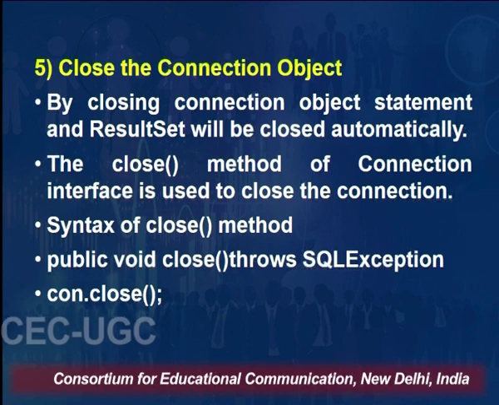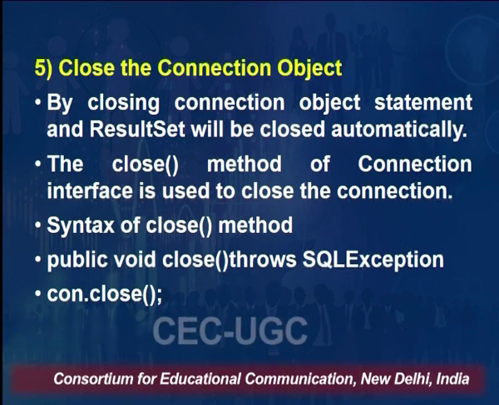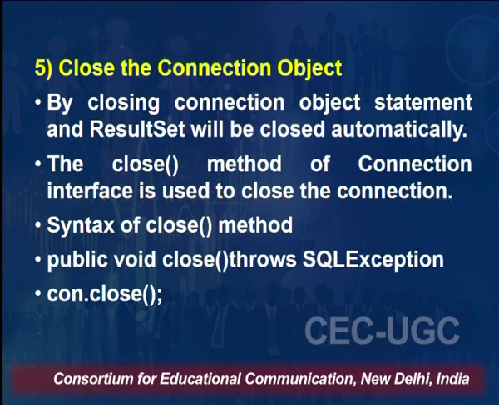So, in this way we can hold all the information which is stored inside this ResultSet rs. And the final step of this whole procedure is closing the connection object. By closing the connection object, the statement and ResultSet will be closed automatically, and we have a method named close, of the Connection interface, which is used to close the connection.